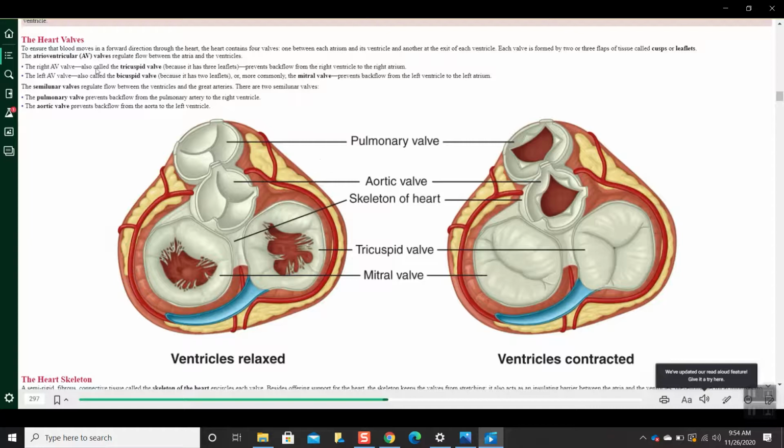You have two different kinds of valves. You have your atrioventricular valves, or AV valves. These valves regulate the flow between your atria and ventricles, on both your right side and your left side.